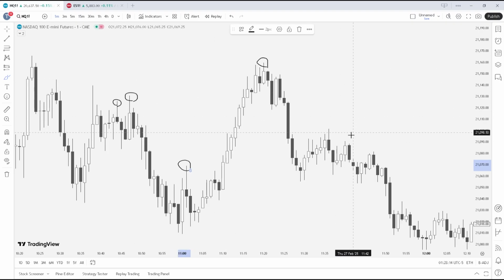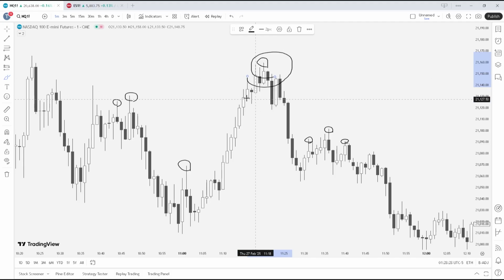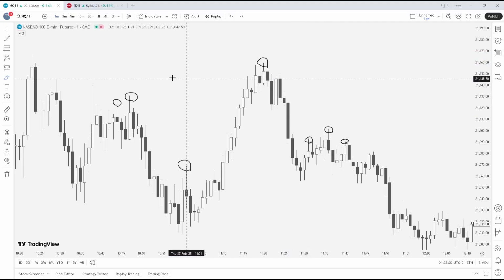And then on the right side, we have an intermediate term high right here because this is a short-term high and this is a short-term high. So this is an intermediate term high. And since this one is between these two intermediate term highs and it's the highest of these three, that makes this a long-term high.